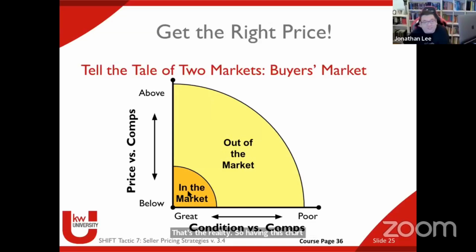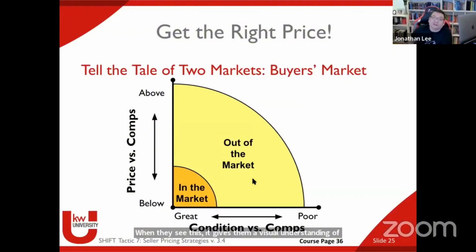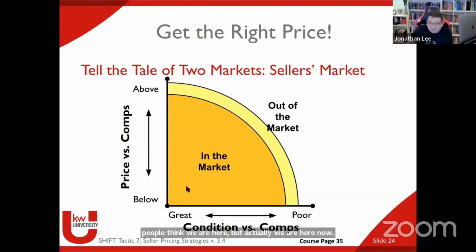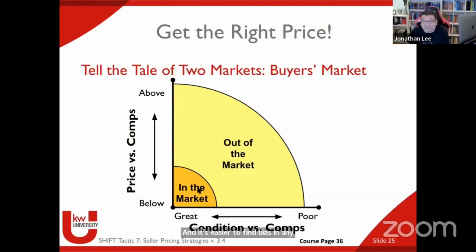So having this chart helps. I like to show this chart to some clients. When they see this, it gives them a visual understanding: most people think we are here, but actually we are here now. In a seller's market, you have a wider price range, and it's easier to find buyers in any price range. But when you are in a buyer's market, this is your condition, right?